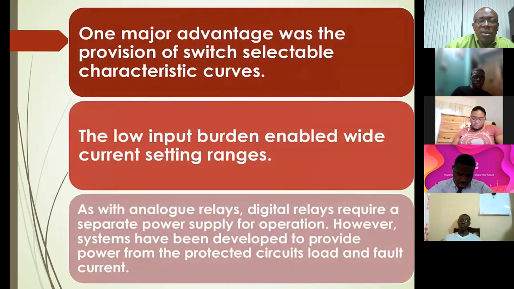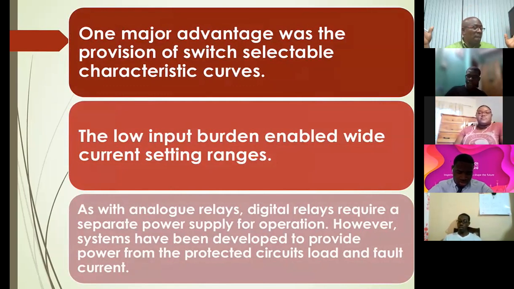So you have the selectable curves, all three available. We have already spoken about the burden advantage, whether it is the analog or the digital, it doesn't matter. Just as good.